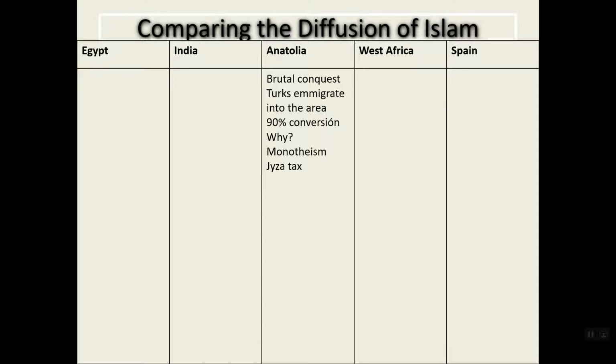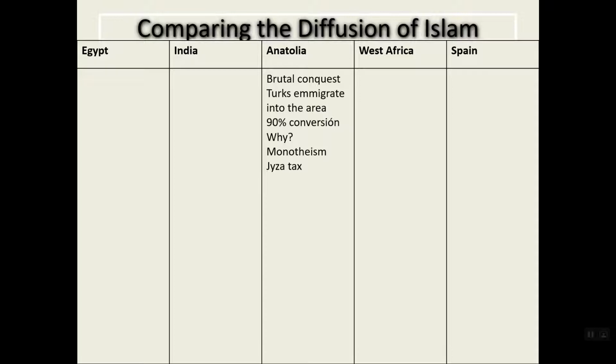conquest where people were killed, churches were destroyed. The basic structure of government for the Byzantines was obliterated. People began to convert quickly or flee or die, for many reasons, but mainly because it was also a monotheistic religion.